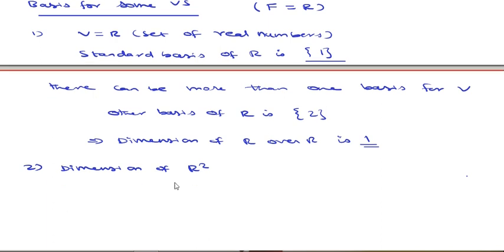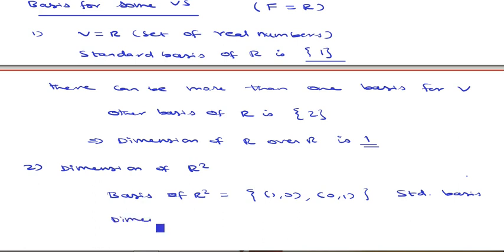For R2, the field is also assumed to be R, real numbers. First we will write the basis. The basis of R2 is (1, 0) and (0, 1). This we call the standard basis.